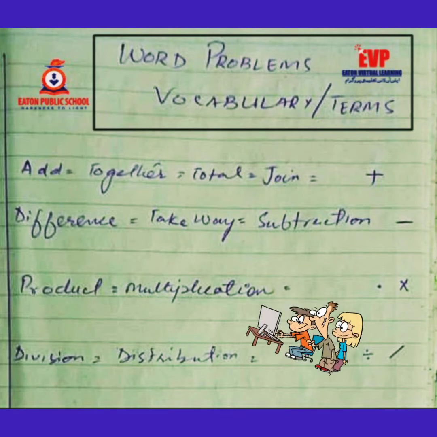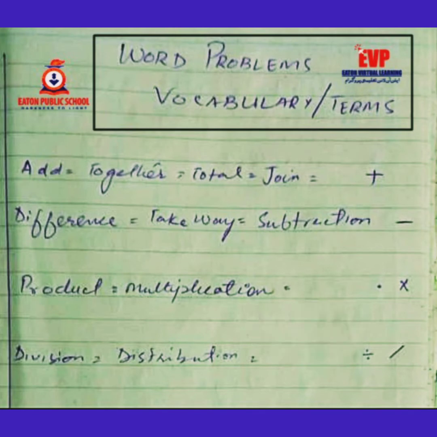For example, if you see the word add, together, total, or join, all these words are meant for addition operations. Similarly, if you find terms like difference, for example, find the difference of, or take away, or subtraction, then all these terms are related to the operation of subtraction, which we say minus.